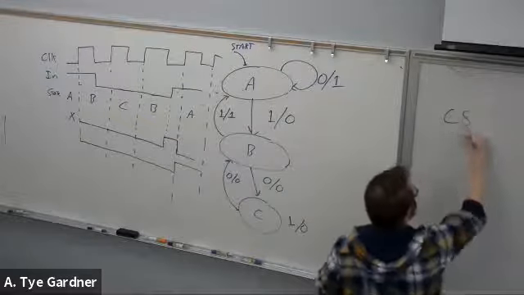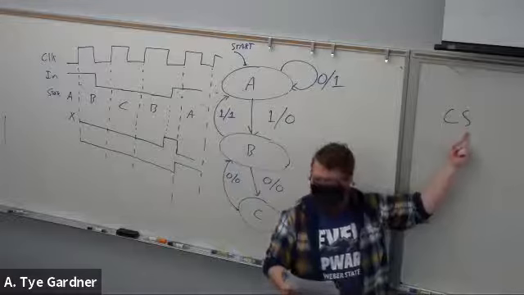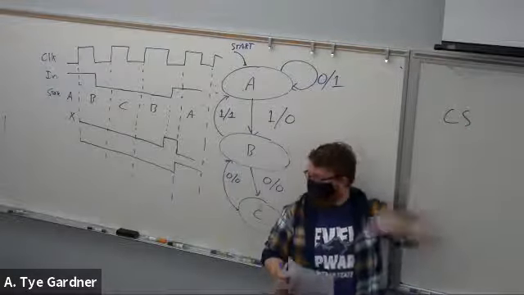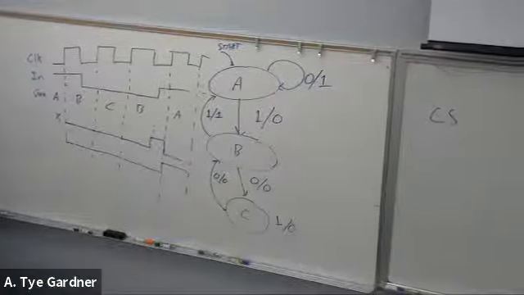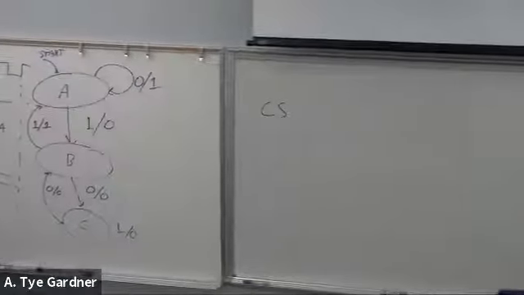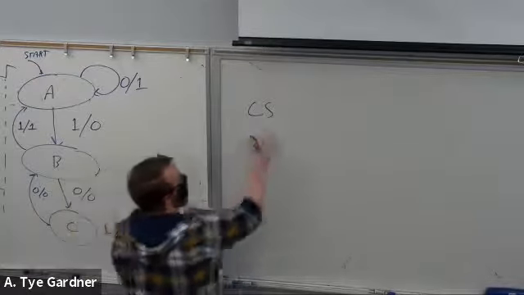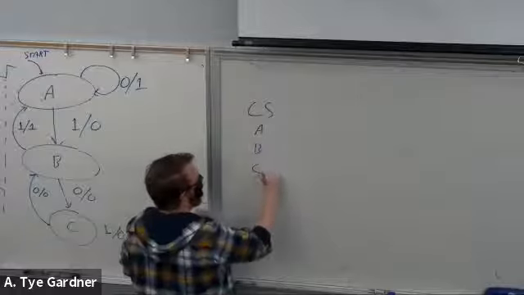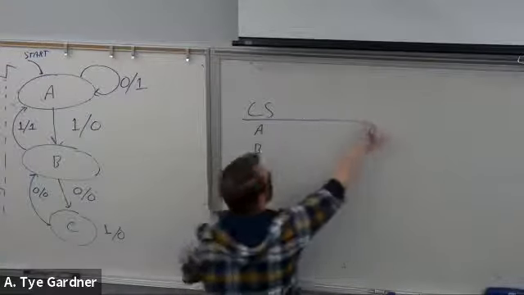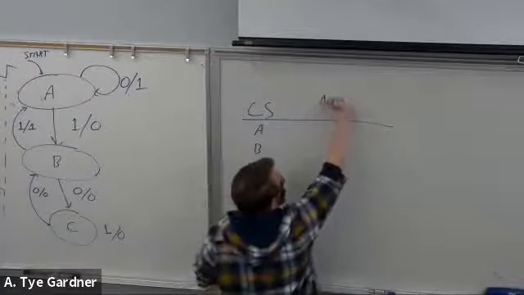And we have a couple of concepts. So we have the current state. Where are we now? Well, our choices for current state are just A, B, and C. We also have next state.